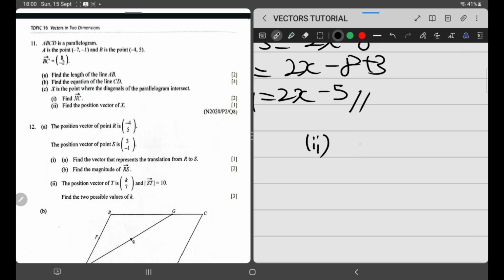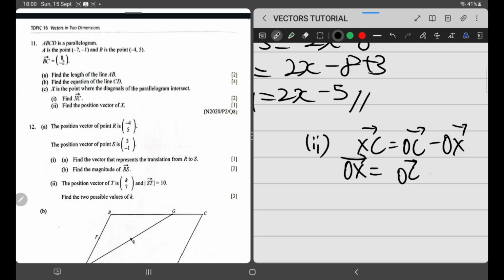So OX, you know that XC equals OC minus OX. You want to find OX. No, my brain is not braining.